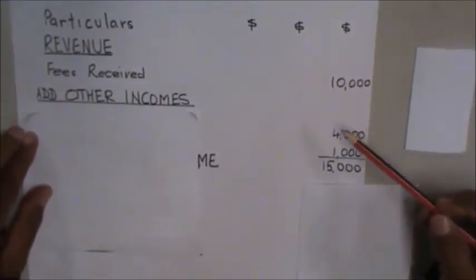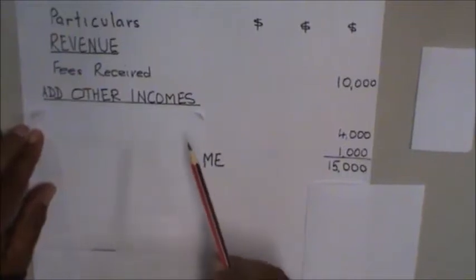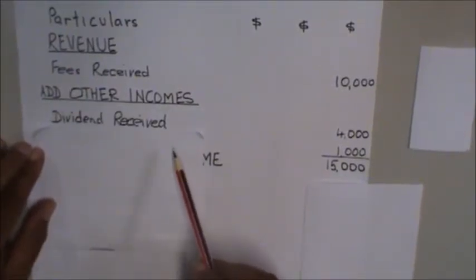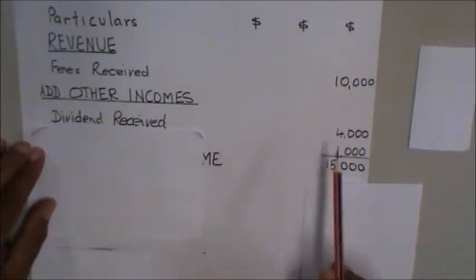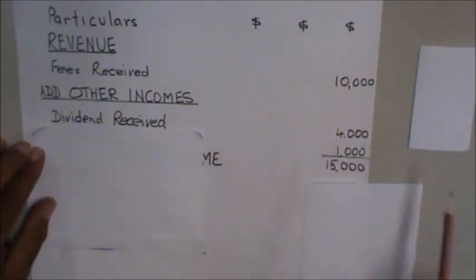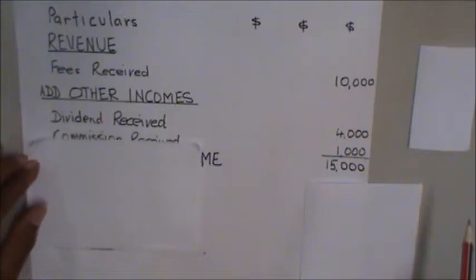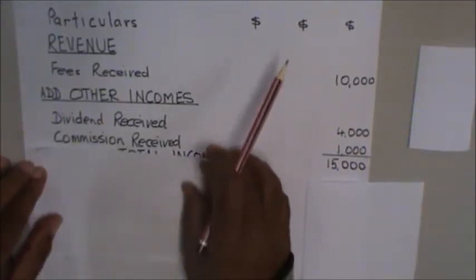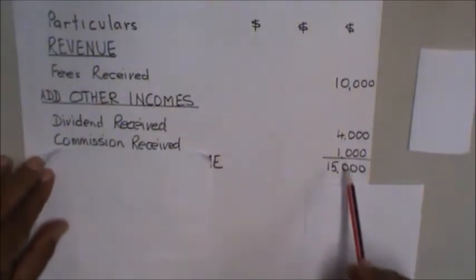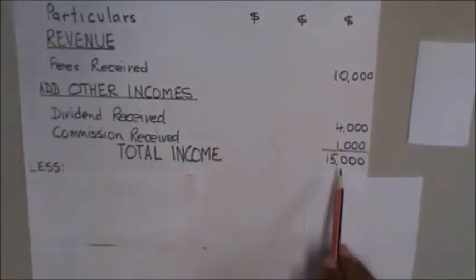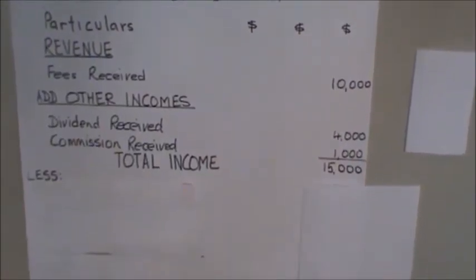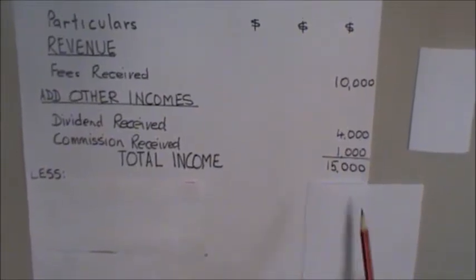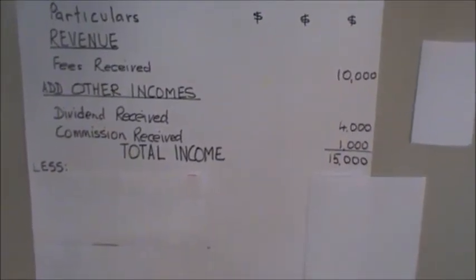And then it also earned some more income from other sources. It had bought some shares in a company, and the company paid them $4,000 as dividend, and it sold a few bits and pieces on someone's behalf, which was 1,000. So the total income turns out to be 15,000. So you have the breakup of the total income.